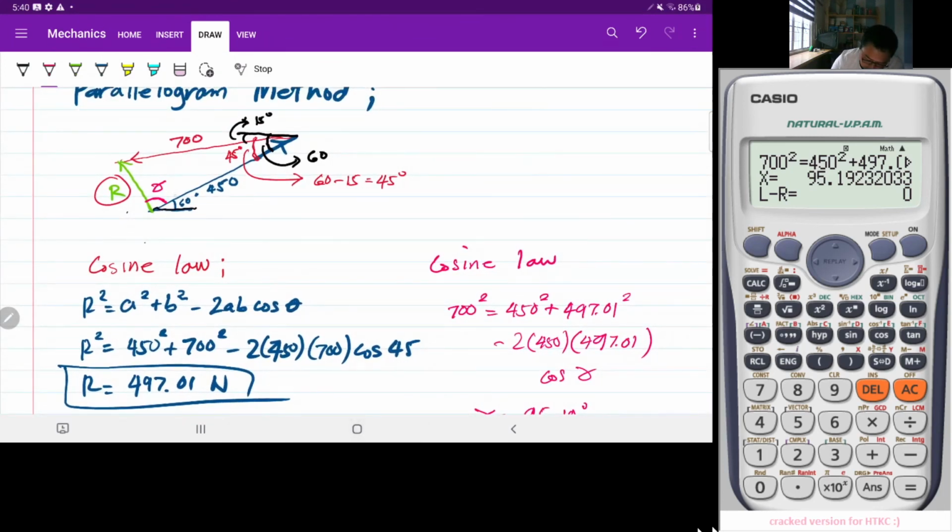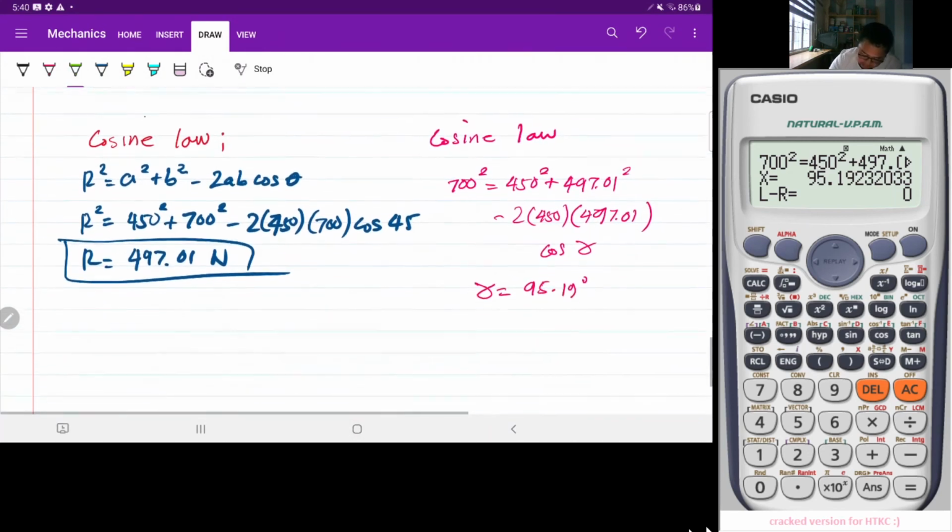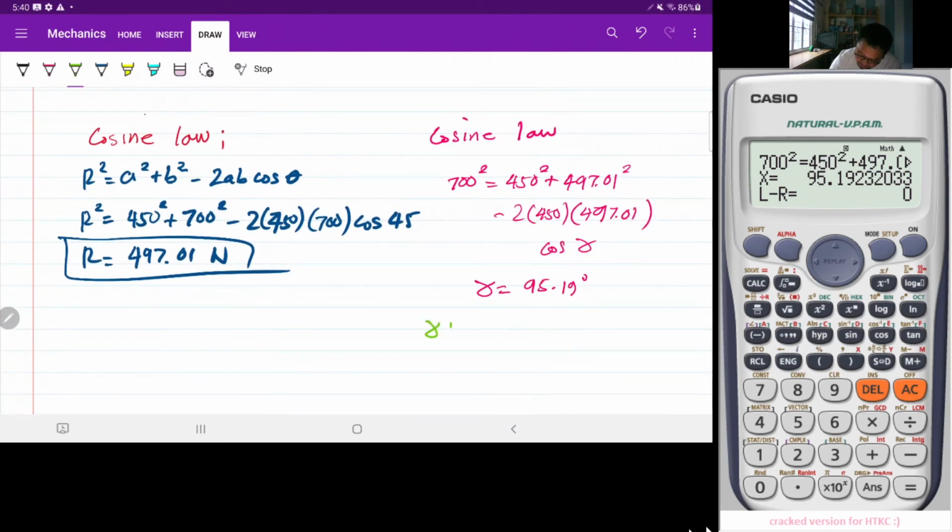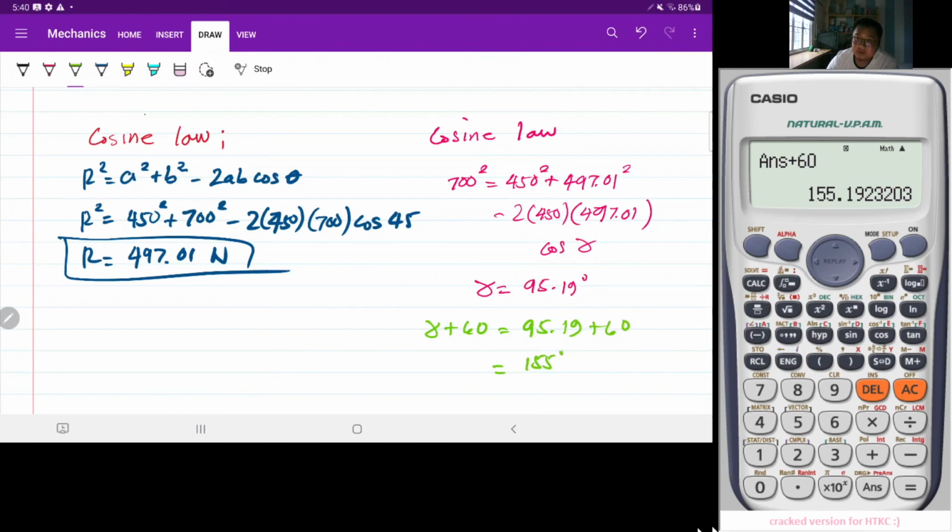So what we are tasked to solve is the whole angle here from here. So that is gamma plus 60. So that is 95.19 plus 60 degrees. So 155.19 degrees.